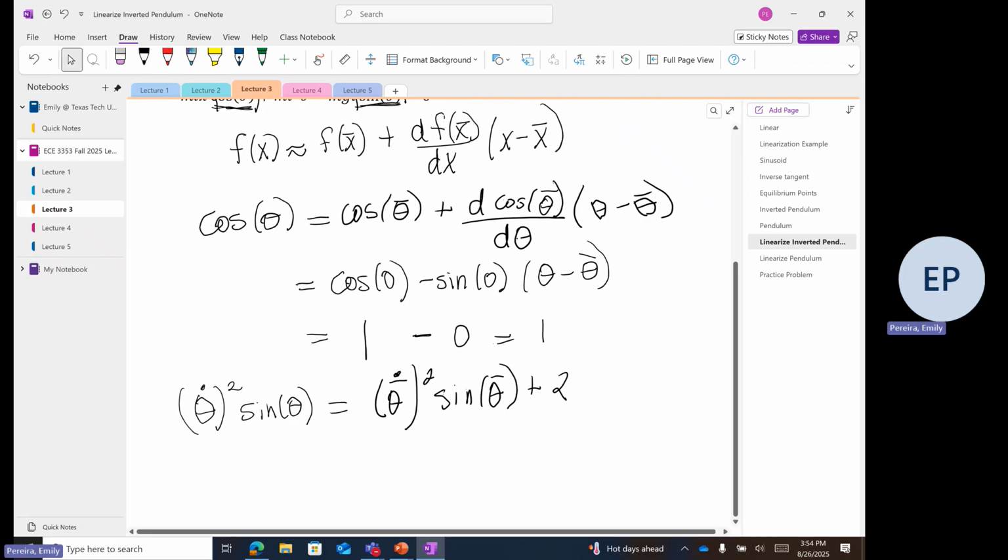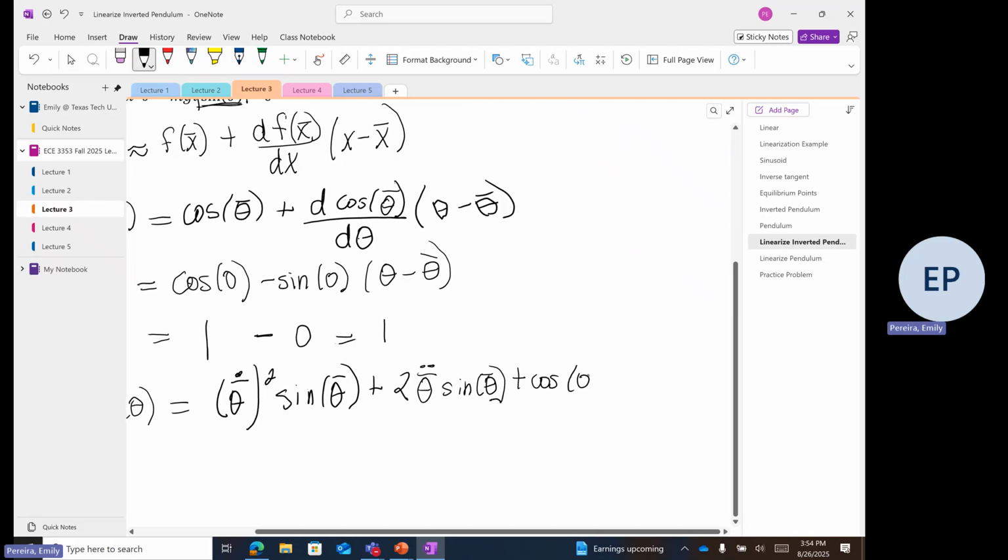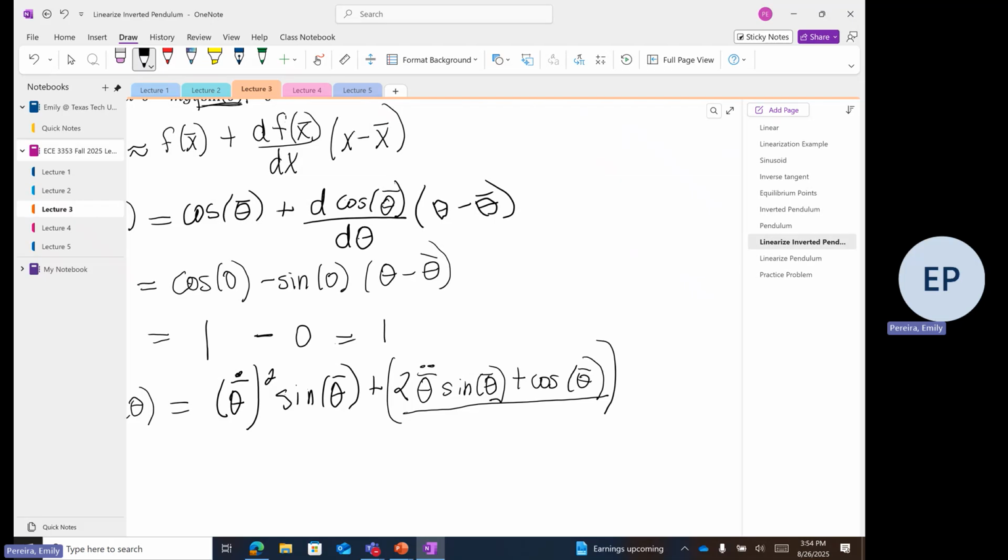So this is 2 times theta double dot sine of theta plus cosine of theta bar, applying the chain rule, all times... Oh, I'm sorry, I forgot one term. Theta bar squared times theta minus theta bar. Okay.